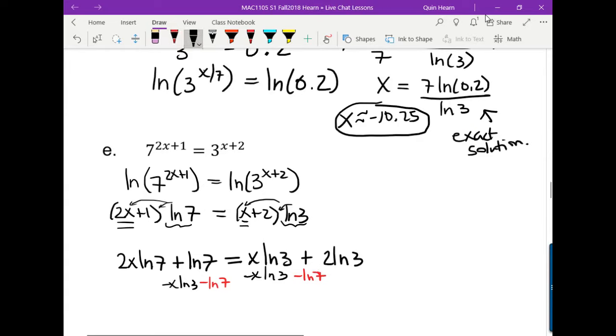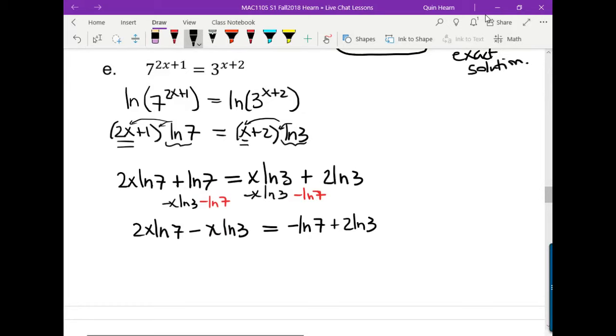Okay, so that's going to give us 2x natural log 7 minus x times the natural log of 3 equals, and then over here we're going to have negative natural log of 7 plus 2 natural log of 3.